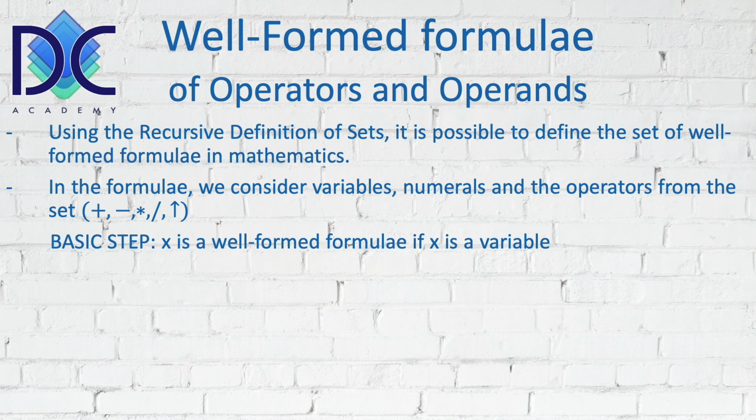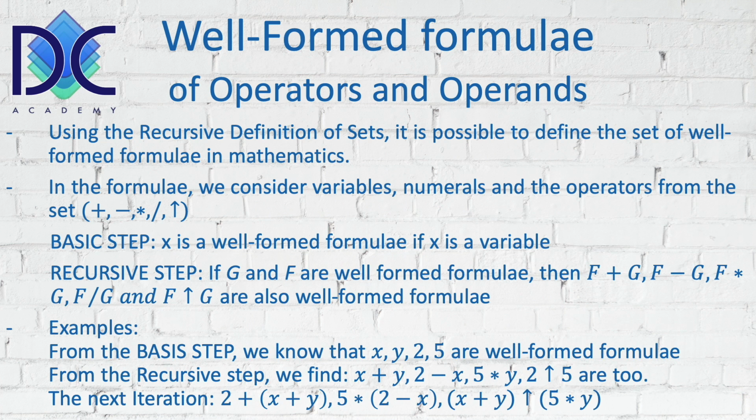X on its own is a well-formed formula. And now with the recursive step, if we have two well-formed formulas G and F, we can say that F plus G, F minus G, F multiplied by G, F divided by G, and F to the power of G are also well-formed formulas.